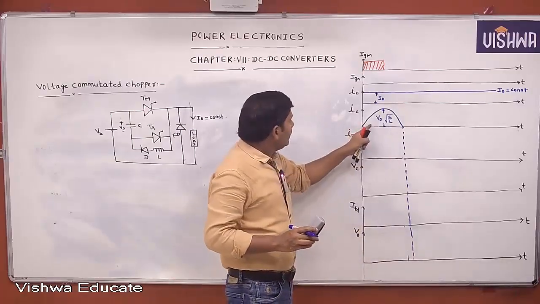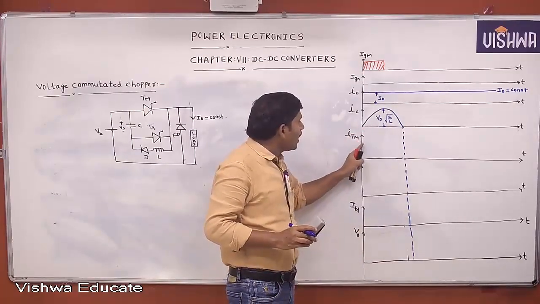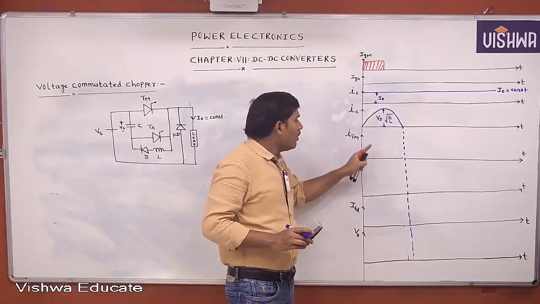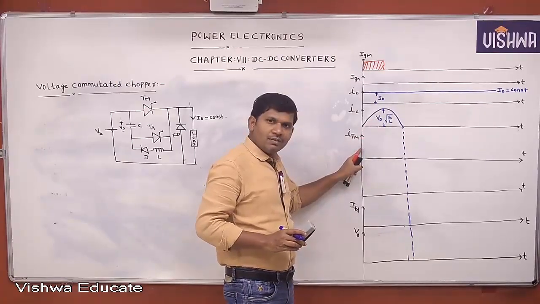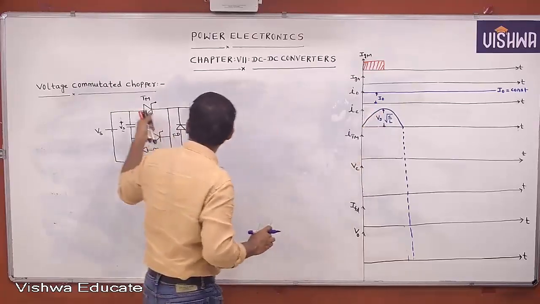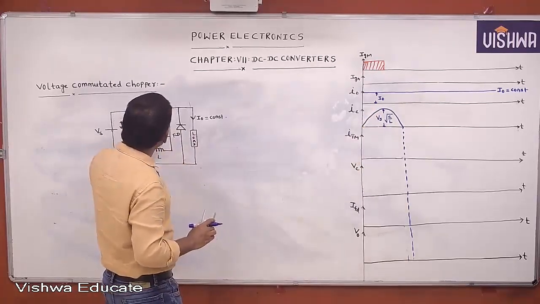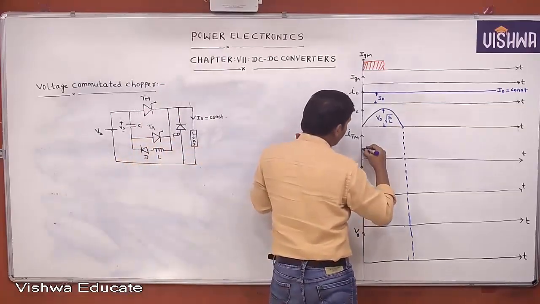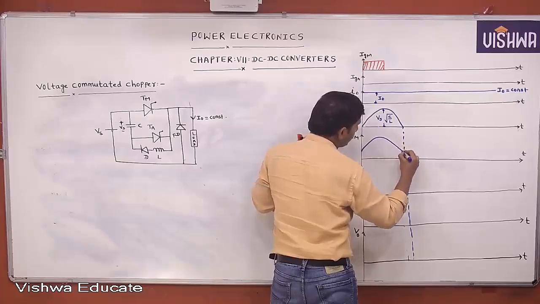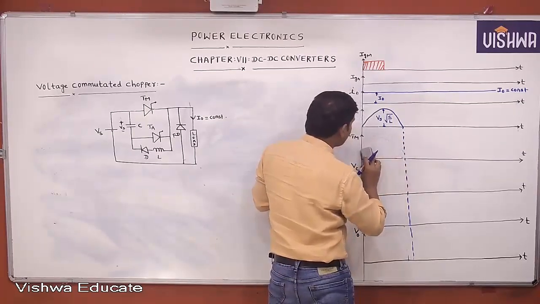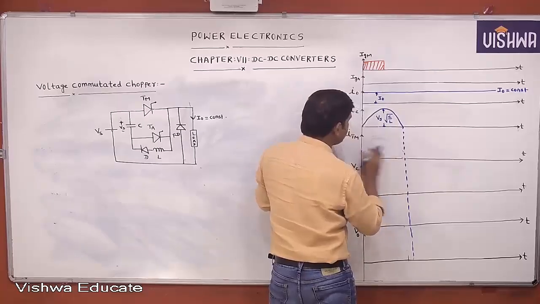Now, whenever the main thyristor is triggered, during capacitor discharge, what is the current through the main thyristor? Load current plus capacitor discharging current. That's why you get a wave shape like this. This is the main thyristor current.